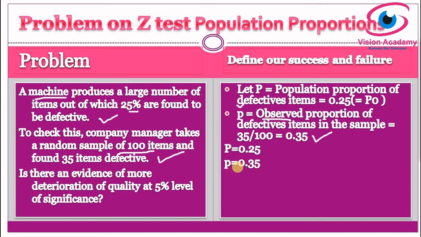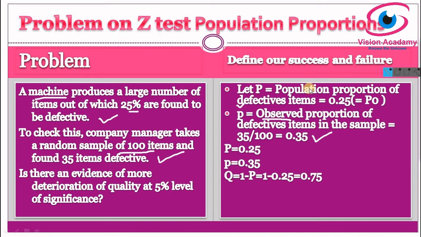Along with that, we also want to have Q. You will come to know in the formula what the requirements are. I will show you the formula later. So we want Q now. To obtain Q, you already obtained capital P. If you know probability well, if 25% are defective, the remaining 75% must be non-defective items.